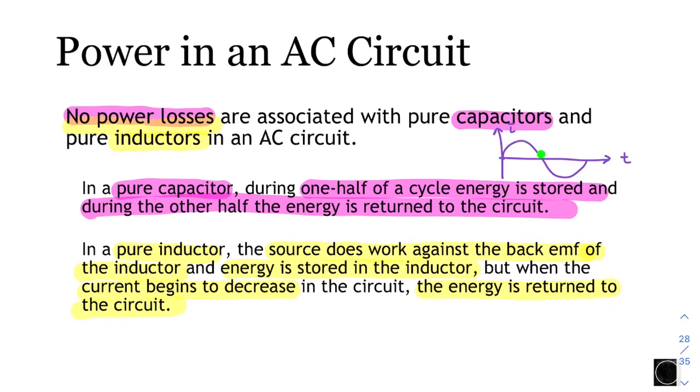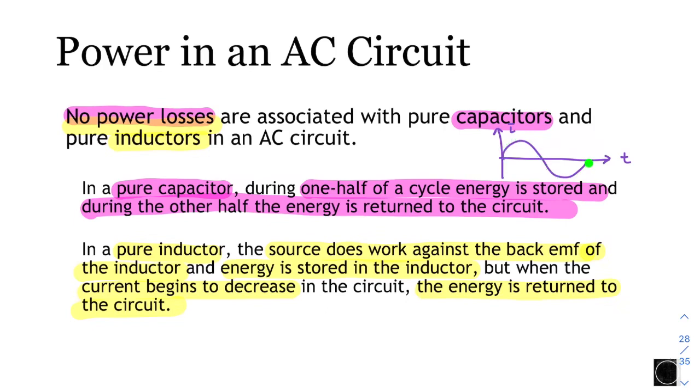It goes the same. At the first half, the inductor is going to produce its own opposition, which we call back EMF. The induced EMF, induced current, induced voltage there is going to oppose the changes.